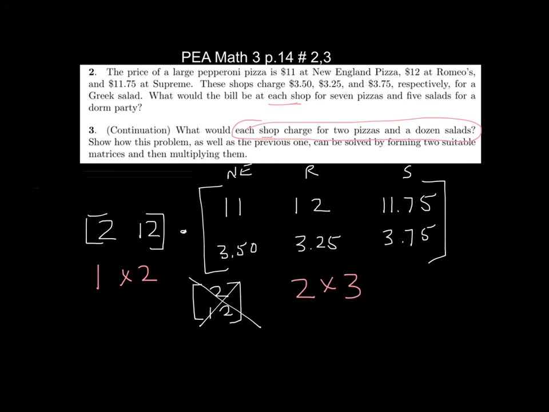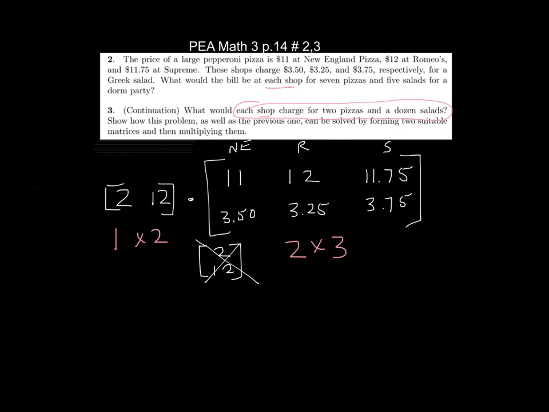What we're going to do here, and your calculator can do this, and I showed you how to do that before, is take this row by that column. That'll give us our total for New England, right? Because we're going to go 2 times 11.